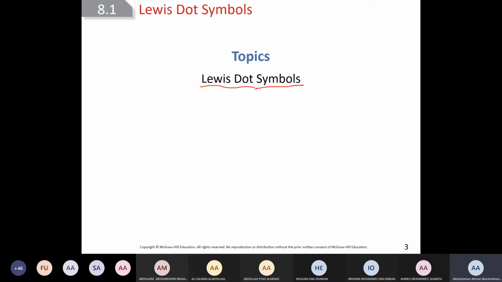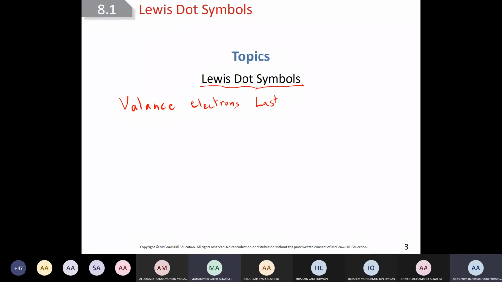Lewis dot symbol. I want you to get your periodic table out and look at it. And then I want you to tell me what's the meaning of valence electron? The last electrons.